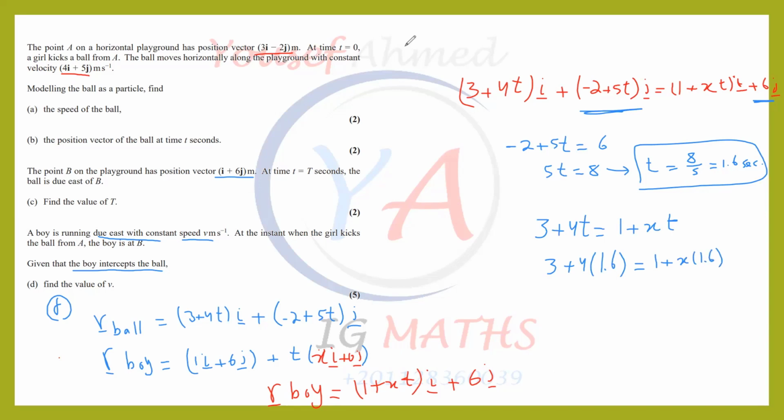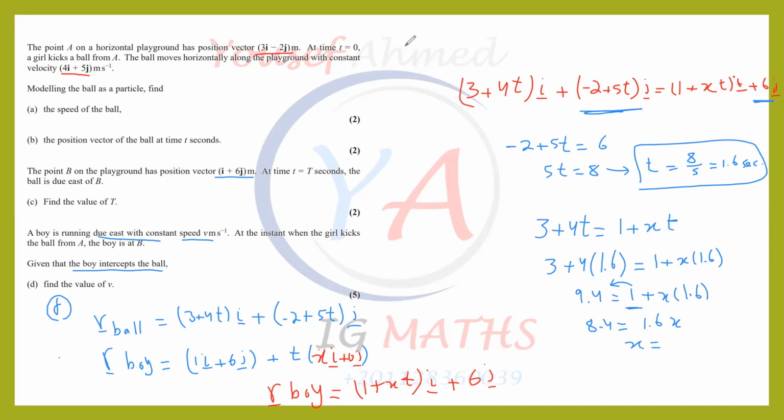So 4 times 1.6 added to 3 gives 6.4 plus 3, which is 9.4, equal to 1 plus x times 1.6. So it will be 8.4 if you shift the 1 over, which is equal to 1.6x.